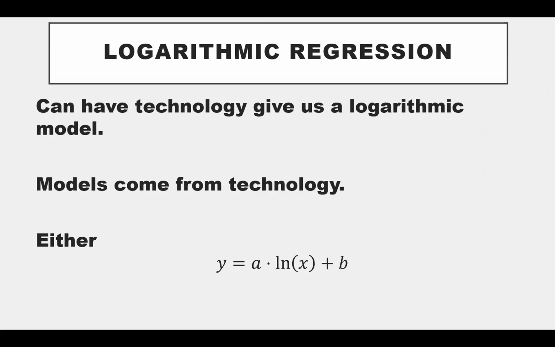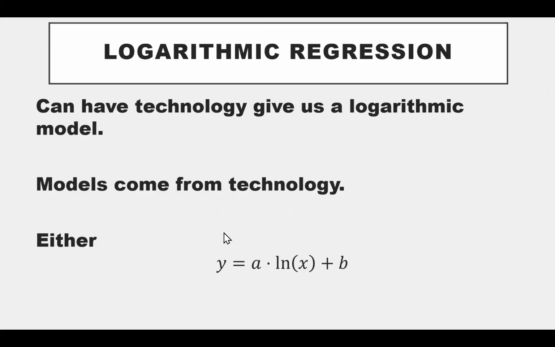Exponential regression models are not the only models that we can have. We can also use logarithmic models in regression. Now, again, you can go through a huge long process of generating a logarithmic model by hand that best fits the data, but generally, people just turn to technology to find that.